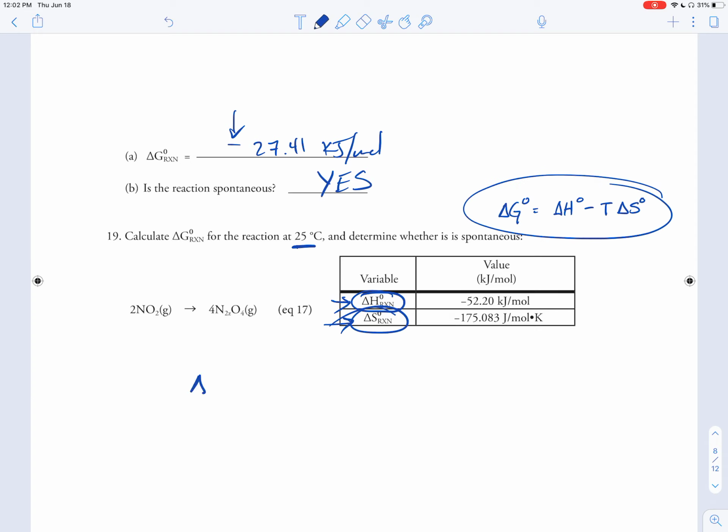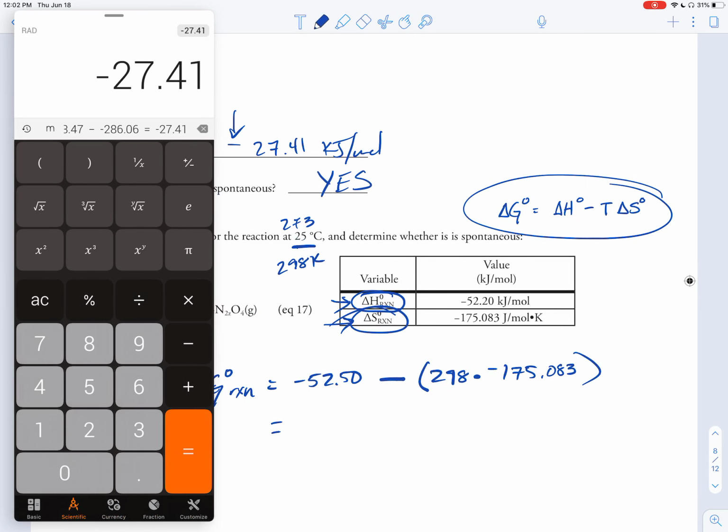The delta G naught for the reaction would equal the enthalpy, negative 52.50, minus the temperature, but in Kelvin, so you add 273 to that, that's 298 K, times the negative 175.083 for the entropy. And that would give you a value that looks something like this.